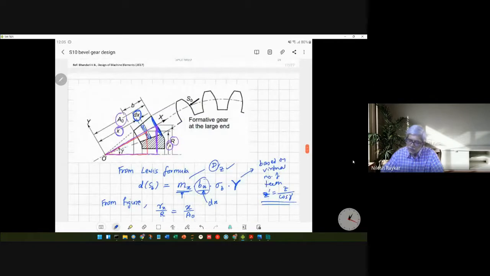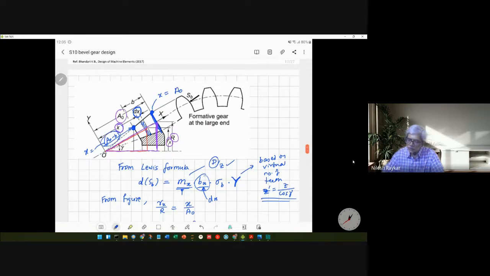So we are integrating from this point to this point. So x equal to A naught minus b. This distance is A naught minus b, and that is the x value at the small end, and the x value at this point is equal to A naught. So between these two limits, we will be integrating.